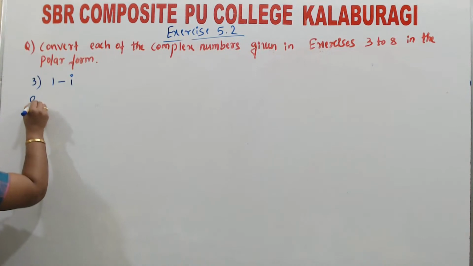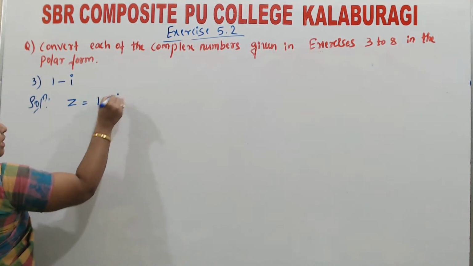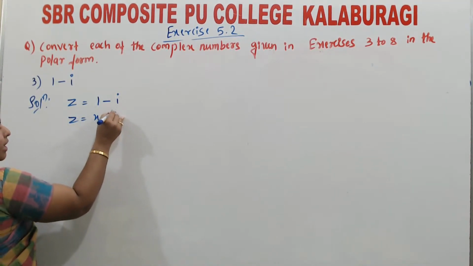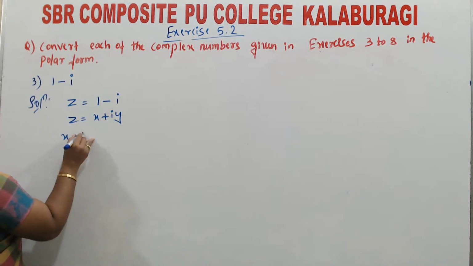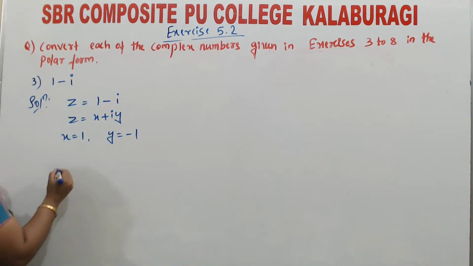Solution. Given complex number z is equal to 1 minus i. Comparing this with z is equal to x plus iy, what is the value of x? x is equal to 1, y is equal to minus 1. Okay, done.